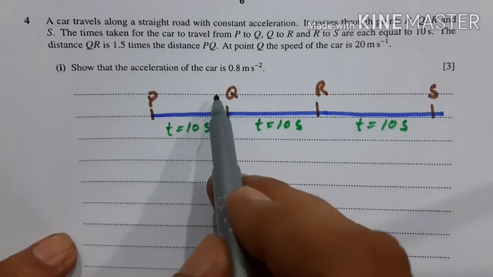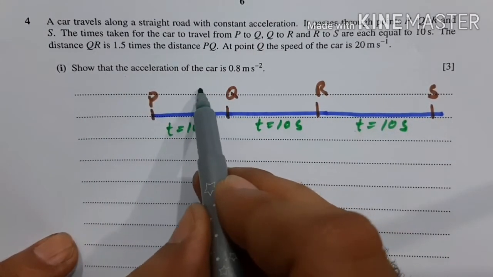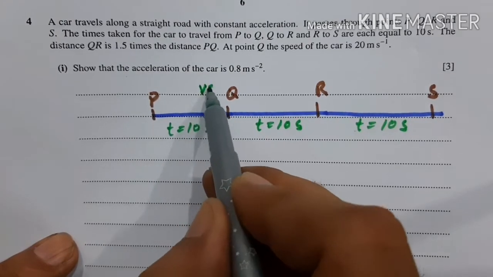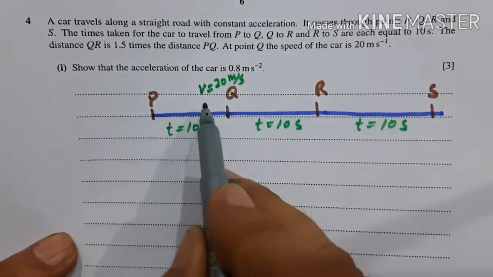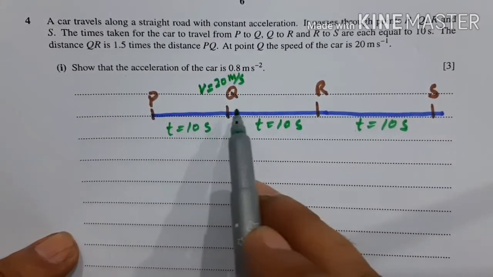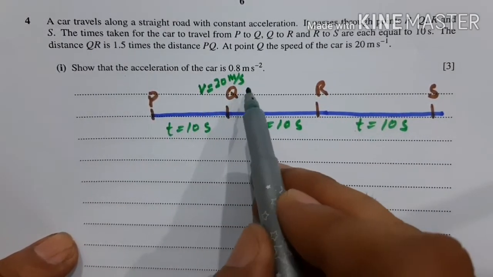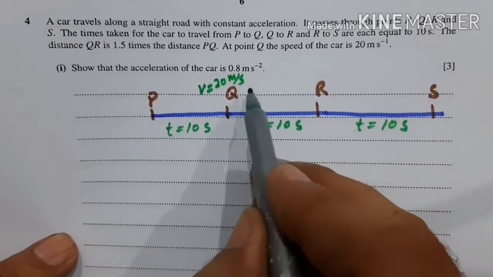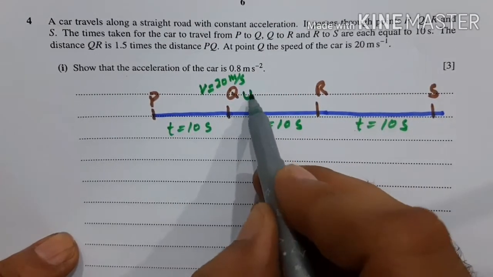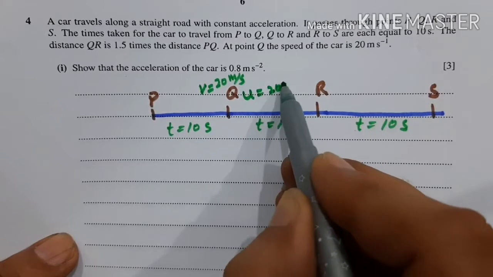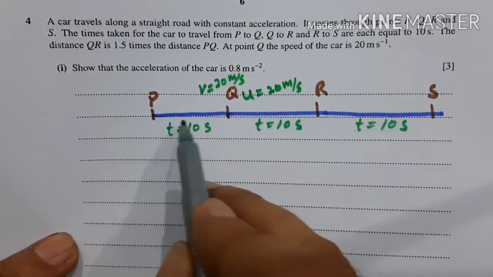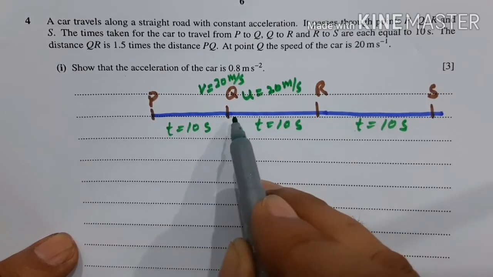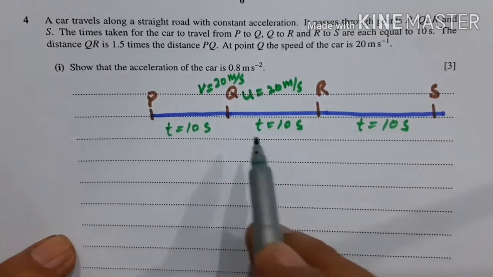The velocity at Q, this is the final velocity, which is V is equal to 20 meters per second. It means the initial velocity at Q for the second distance will also be the same. U is 20 meters per second, because the final velocity of the first journey is equal to the initial velocity of the second journey.